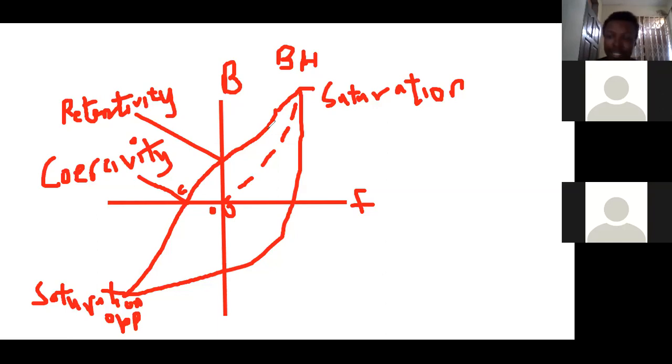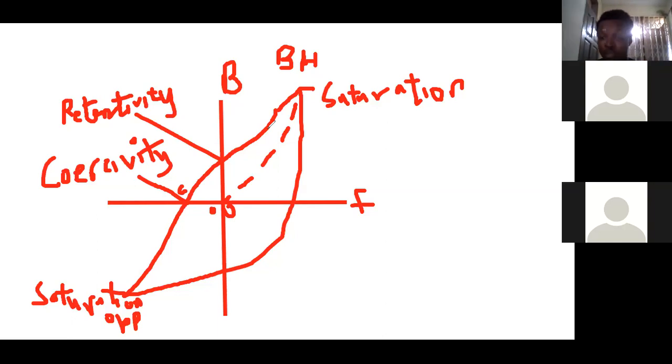Then we have one thing we also have to consider, the permeability. Permeability is a property of a material that describes the ease with which a magnetic flux is established in a component. That is what we call the magnetic permeability.